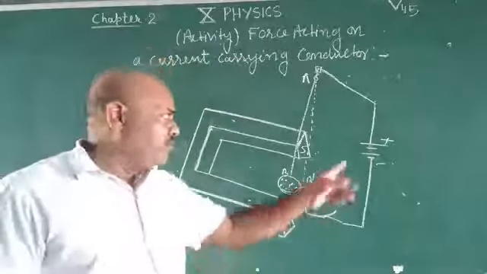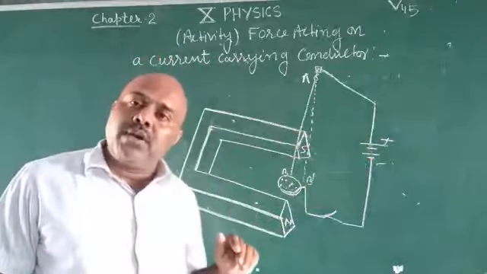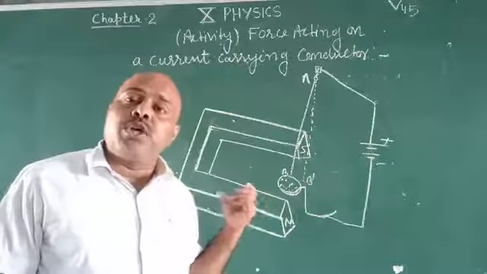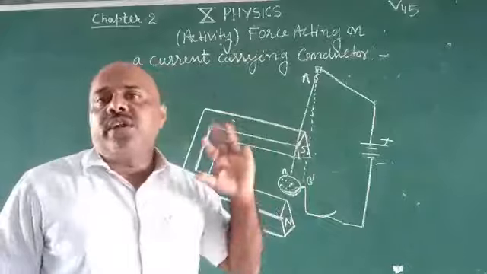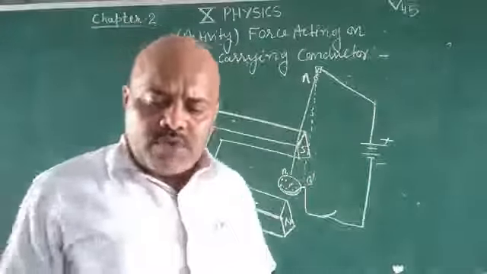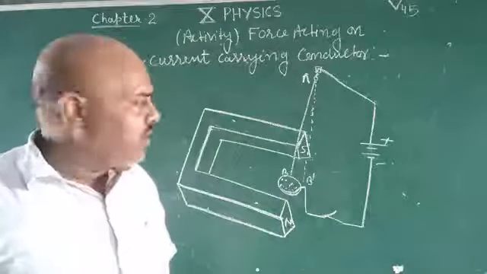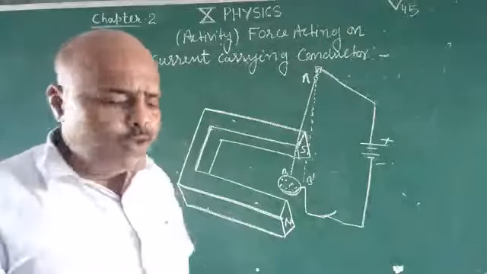Dear student, when we change the direction of current, or when we change the polarity of the magnetic field, the direction of force is reversed. So the direction of force on a current carrying conductor placed in a magnetic field can be reversed by reversing the direction of current flowing in the conductor.